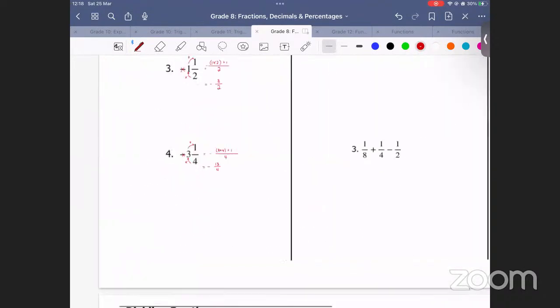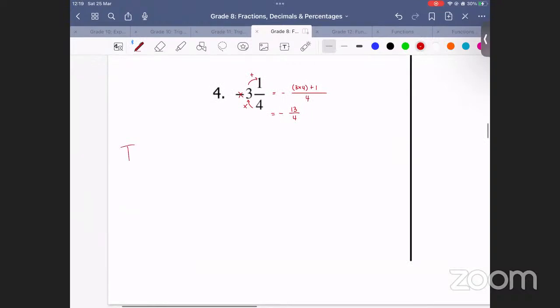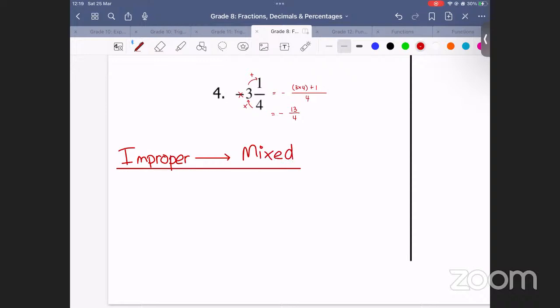What about if I wanted to go from an improper fraction to a mixed number? It would work similarly because what you do is, you do the inverse of everything you did.